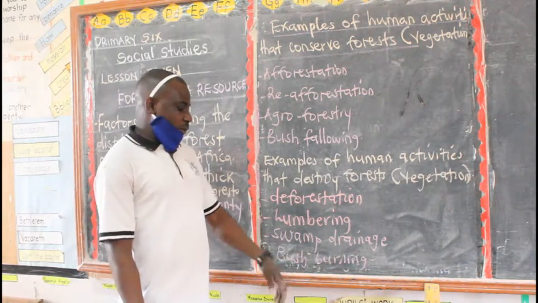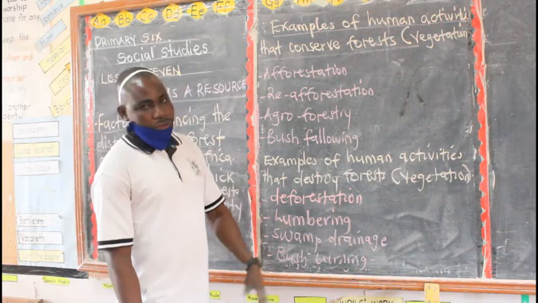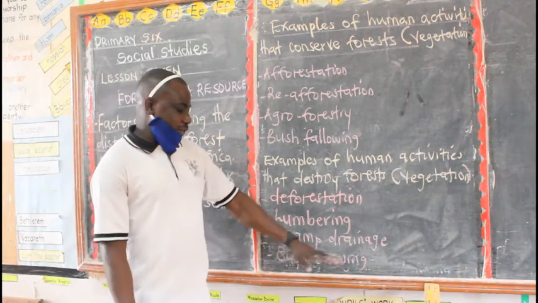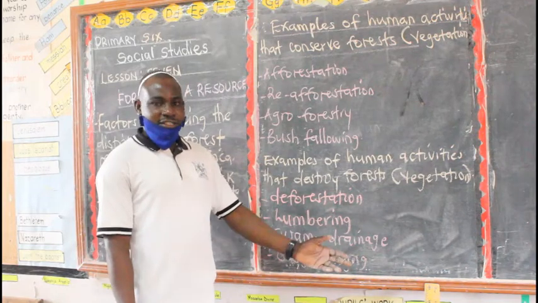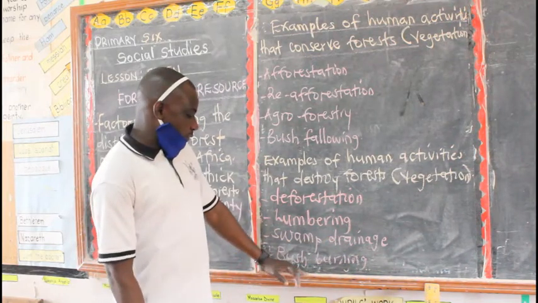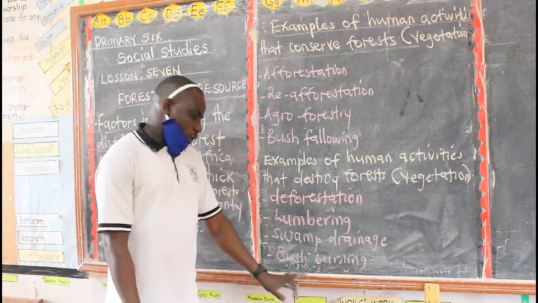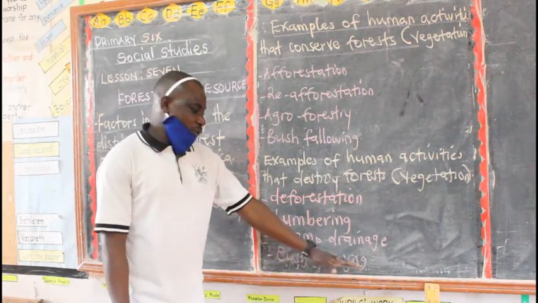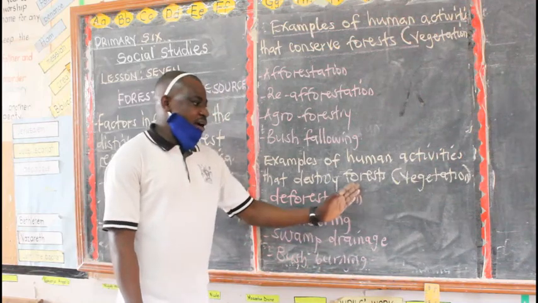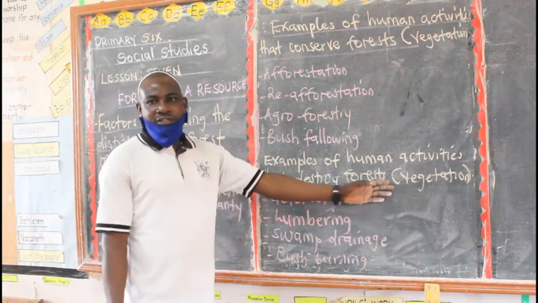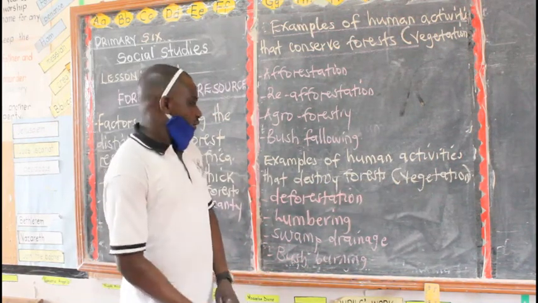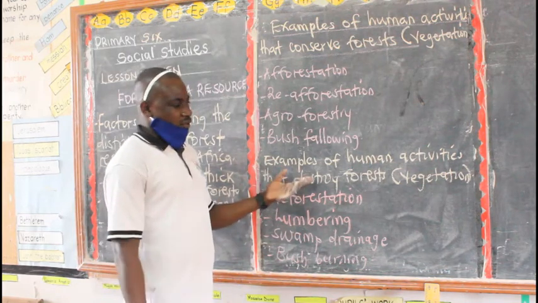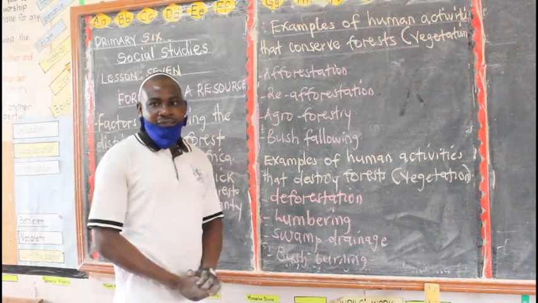That is the draining away of swamps due to human activities, like farming and settlement. Then lastly, we have bush burning. When you carry out bush burning, still you are going to clear away the forest or vegetation in an area. So these are some of the examples of human activities that can destroy forests in East Africa.